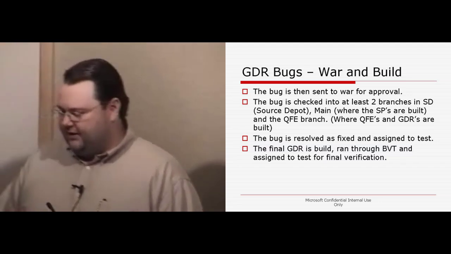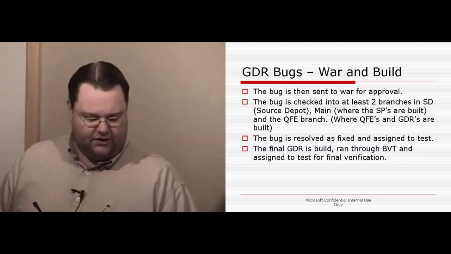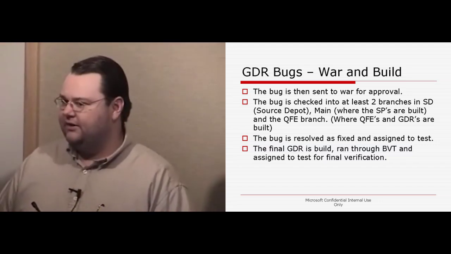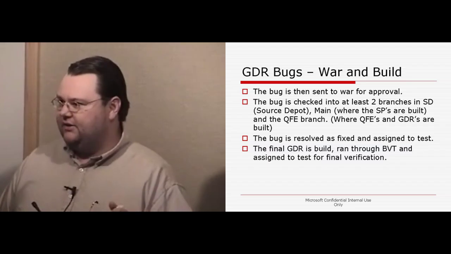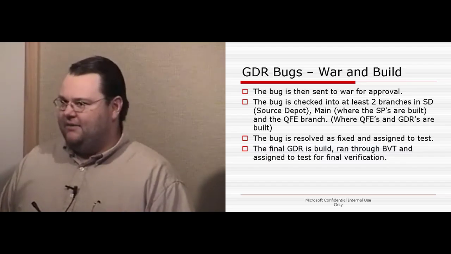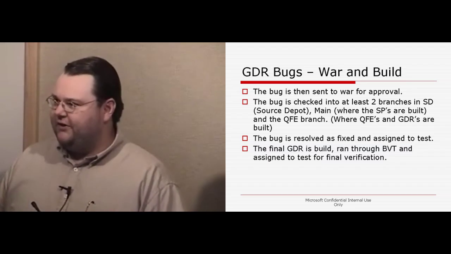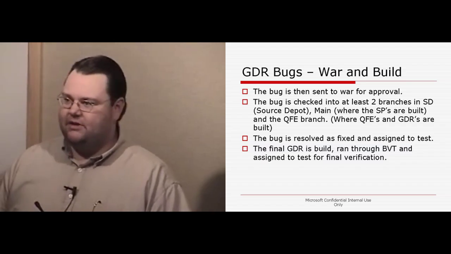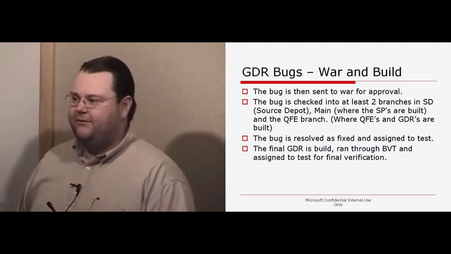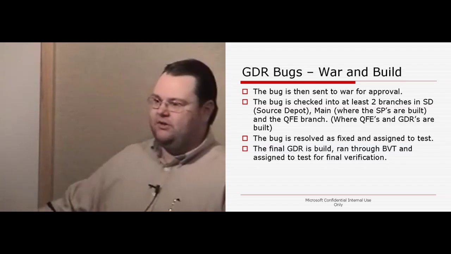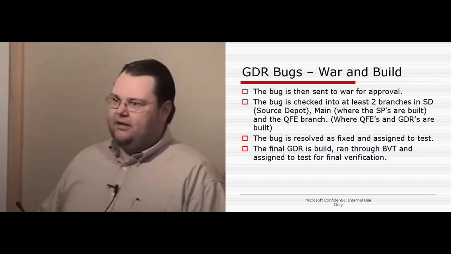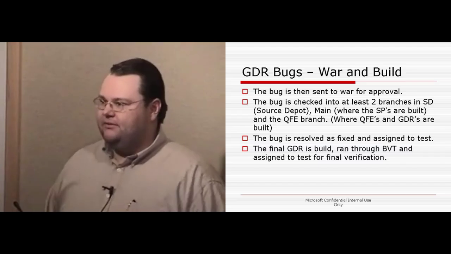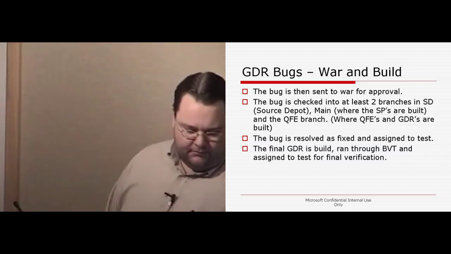You verify a few other things that are covered in the GDR checklist, which again will be covered later on this week, but basically that's a checklist with 20 to 30 items in there to check. You check everything from that the binaries actually landed, make sure that there were no errors in the infs and that kind of thing, that the right versions of the binaries came down, that all of the dependent binaries got laid down, all that kind of thing.